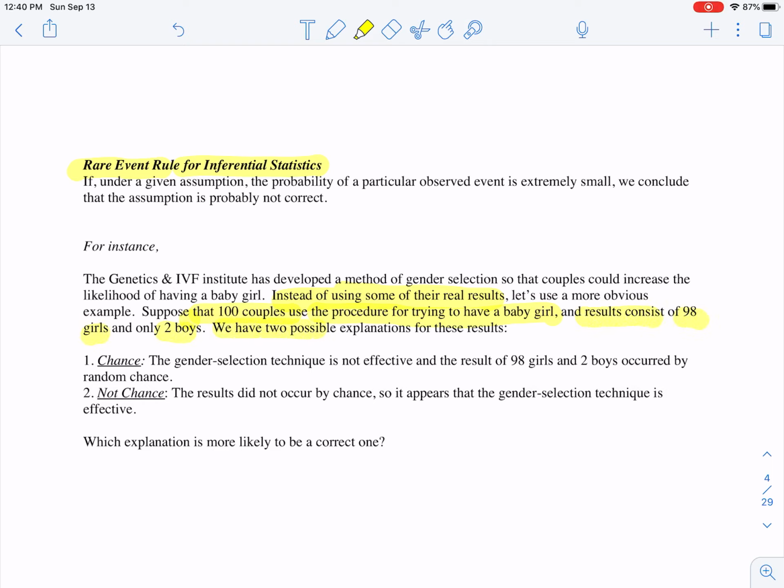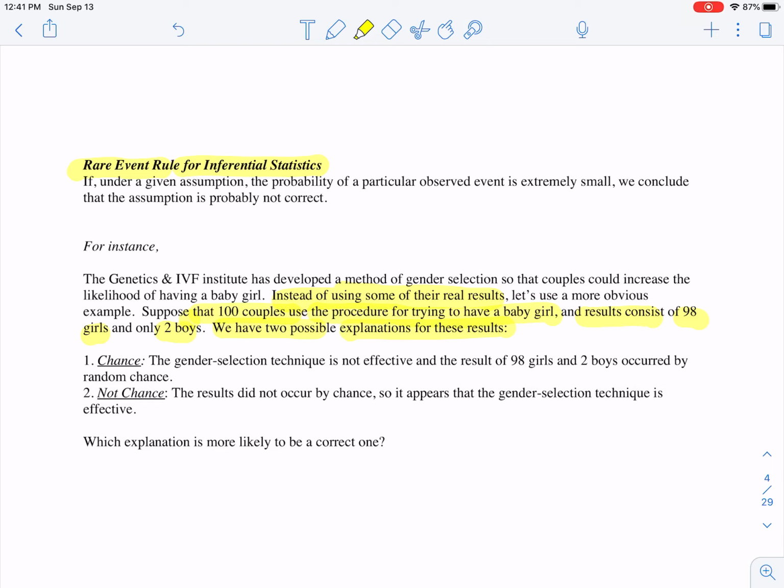We have 2 possible explanations for this result. So the example is: suppose we randomly select 100 couples from the group of people undergoing the procedure, using the gender selection method, and the result from those 100 randomly selected couples is 98 girls and 2 boys. One explanation is chance.